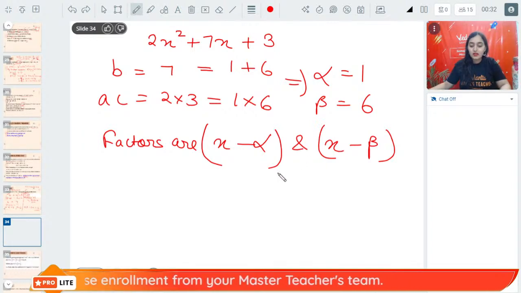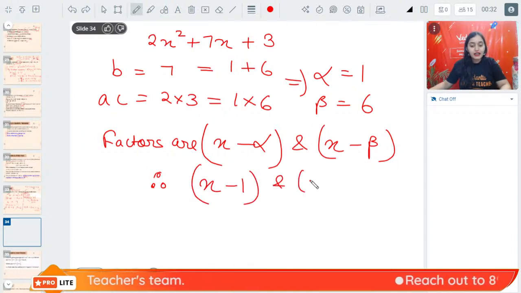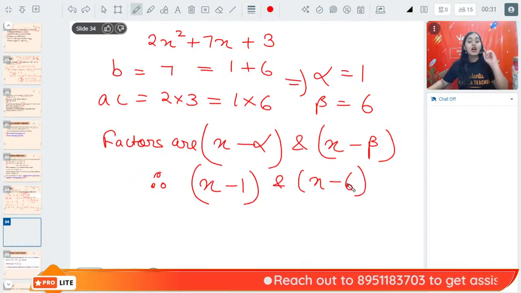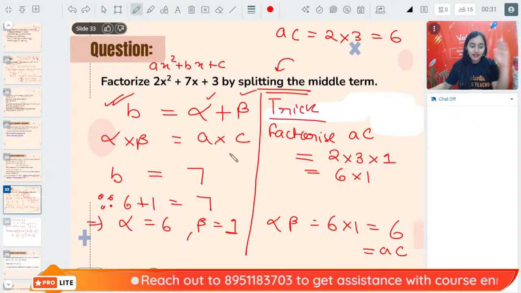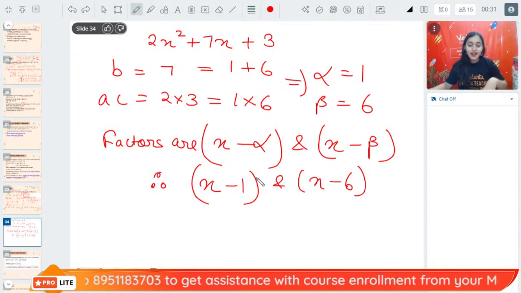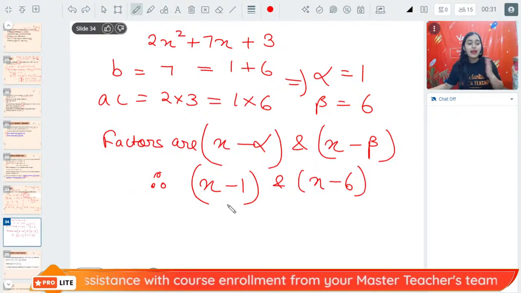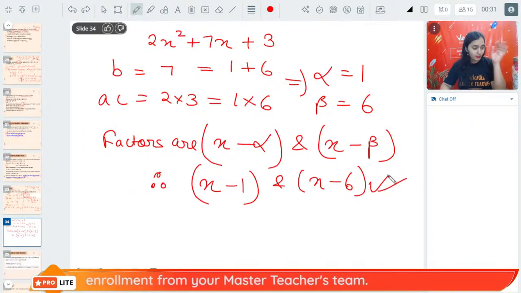So therefore the factors are x minus 1 and x minus 6. Understood everybody? Understood what you have to do? First you have to find out alpha and beta. Then you have to write down the factors x minus alpha, x minus beta. X minus 1, x minus 6, they are the factors of the polynomial.